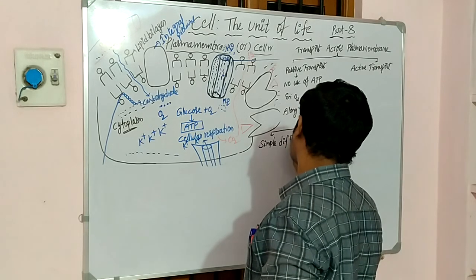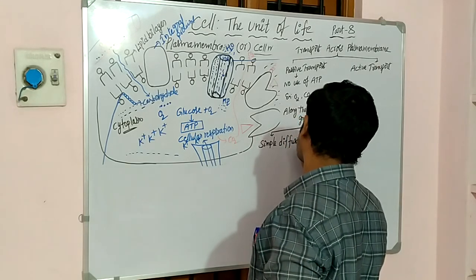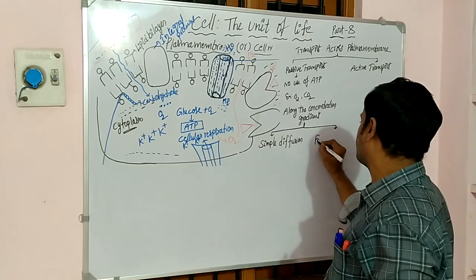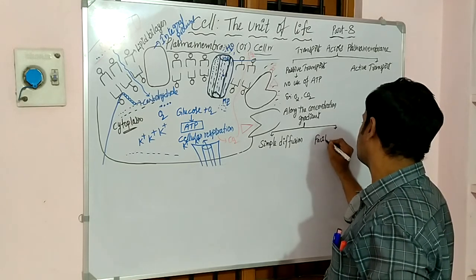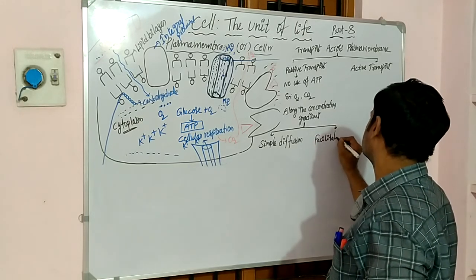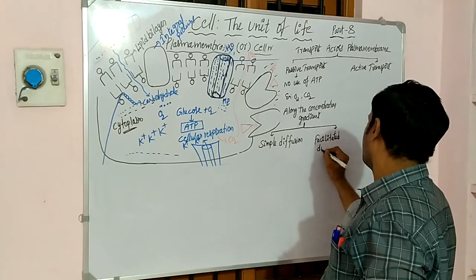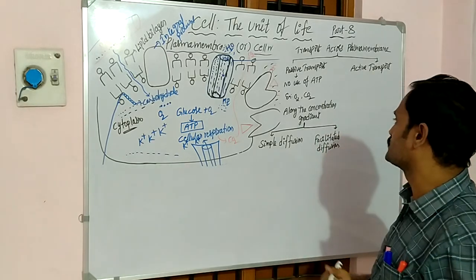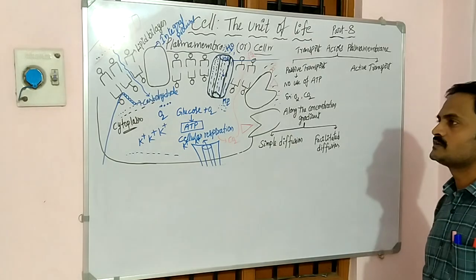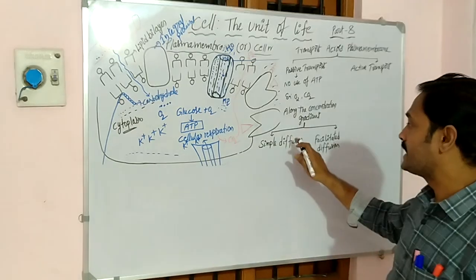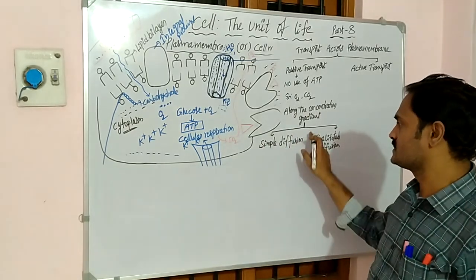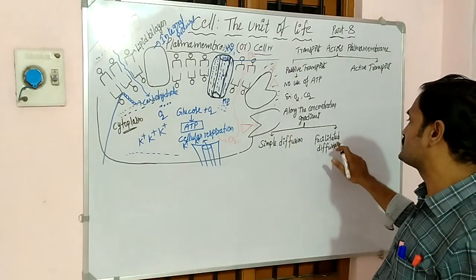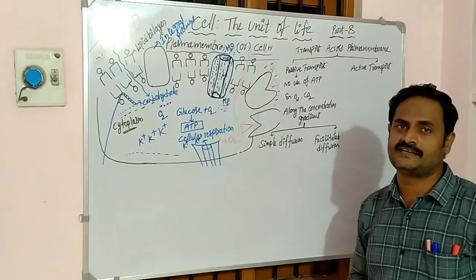The second one is facilitated diffusion. Understood? Passive transport is not a single one; again it has two types: simple diffusion and facilitated diffusion.